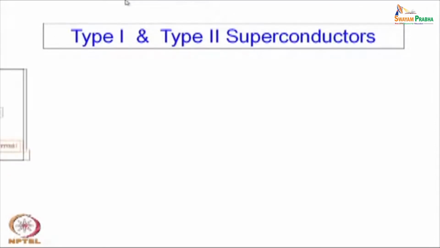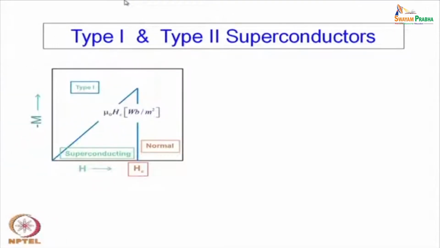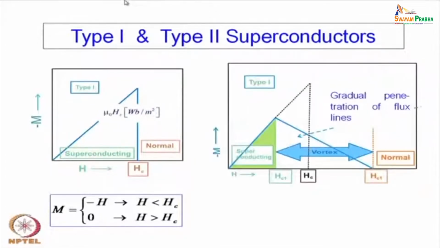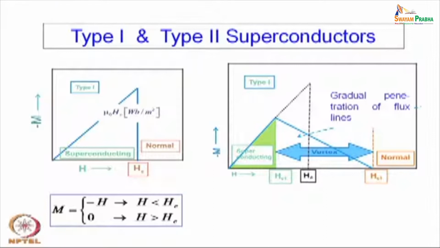Now, with this background, let us try to classify the whole range of superconductors into two other subgroups from a different angle, not just from the Tc point of view, high Tc or low Tc, but how they behave in the presence of a magnetic field.